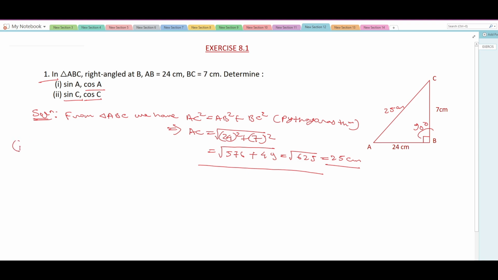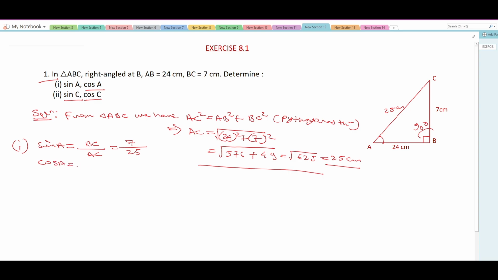So, with respect to angle A, sin A equal to BC by AC, where BC equal to 7 and AC equal to 25.